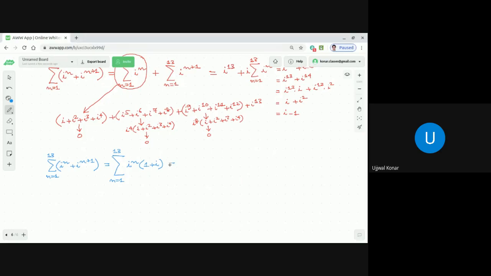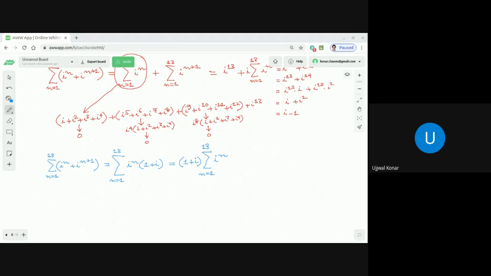So what I wanted to mean is, one can write 1 plus i into the summation of i^n, n equal to 1 to 13. Now dear students, we can find the value of the sum of i^n from n equal to 1 to 13 using the method we just learned, or we can also use the concept of geometric progression.